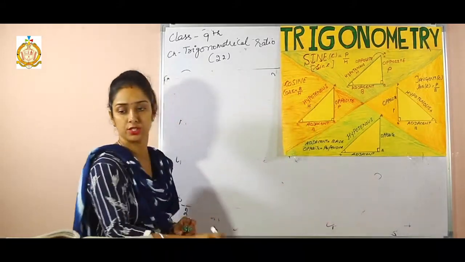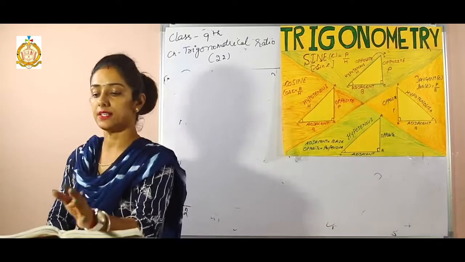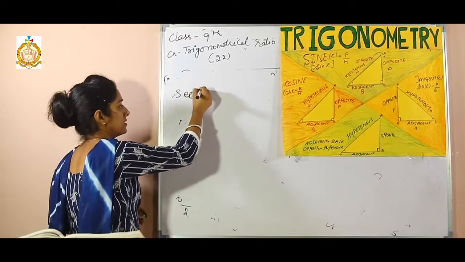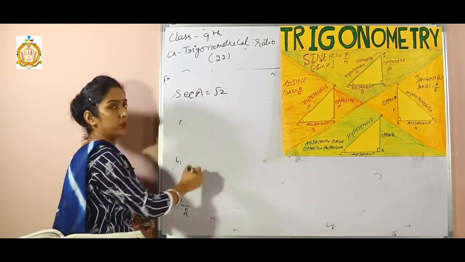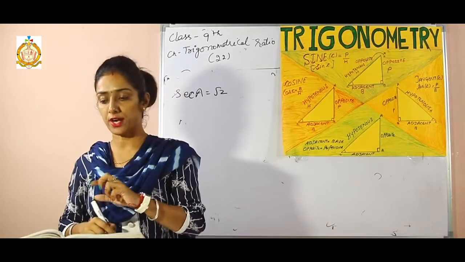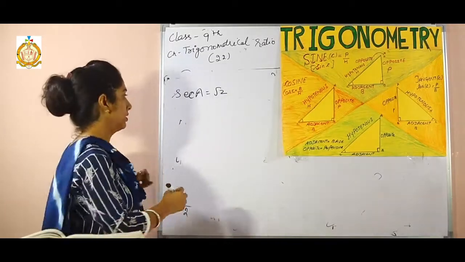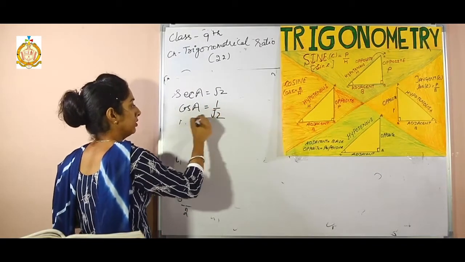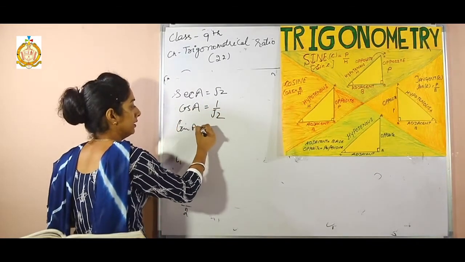In the 18th question, if secant A is under root 2, I give you just an idea of this question. Now secant is opposite to cos, we have to find the value from their cos theta. Cos A is 1 over under root 2. Now tan A is what?